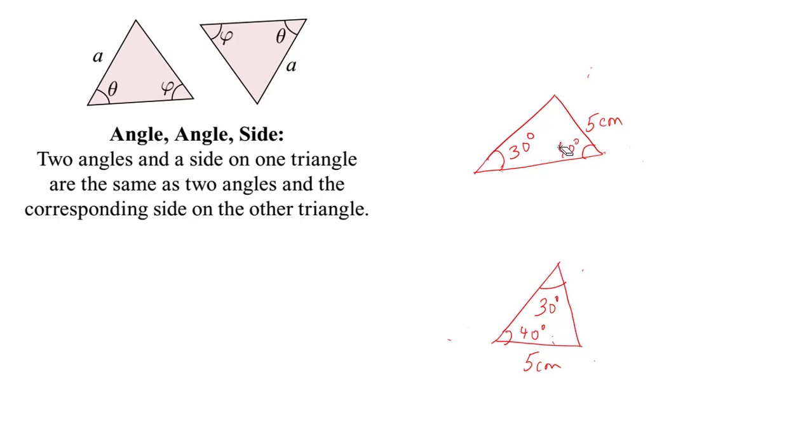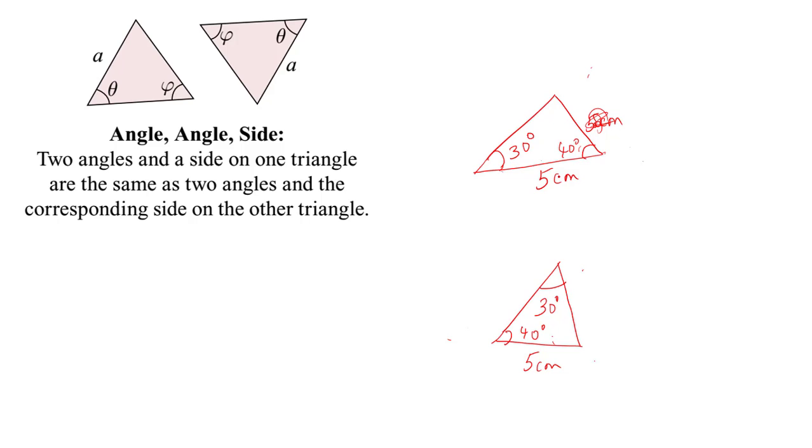Okay. So we must have two angles there. Those two angles must be the same, and the corresponding side on the two triangles must also be the same. So if I put 5 centimeters there, and I get rid of it there, then these two triangles are not congruent. So if I just take that off, these two triangles are now not congruent because the sides are not corresponding.